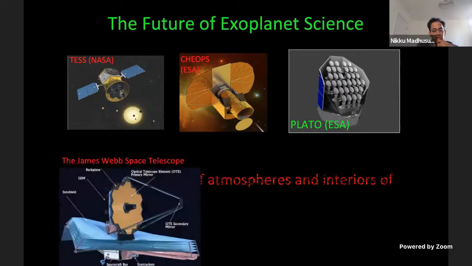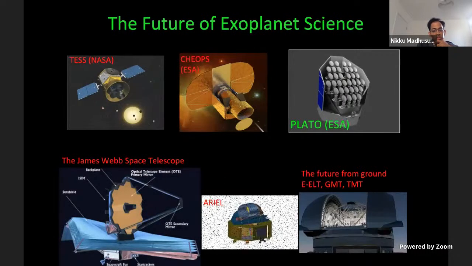And at the same time, there are also numerous facilities focused on atmospheric characterization of these objects. JWST, if all goes well, hopefully will start operating by next year. And then we also have the ELTs coming up, and obviously Ariel coming on a longer time scale. But all this means that, in my view, this decade is likely going to be the golden age of exoplanetary science, where we can expect some big breakthroughs coming.